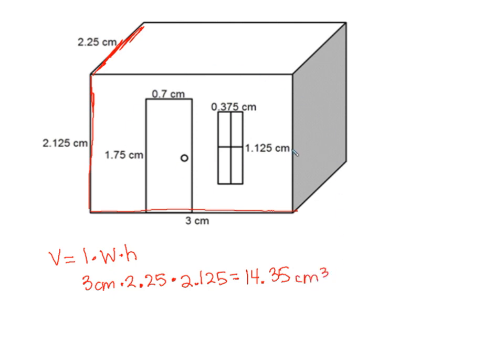So this little house represents a scale model of a real house. And the air conditioner of the real house can pump in or exchange 220 feet cubed of air in 1 hour.